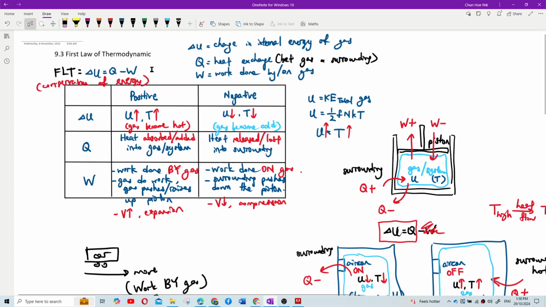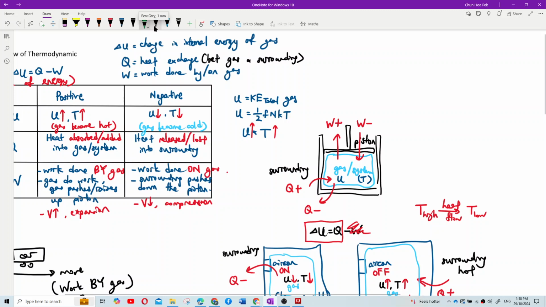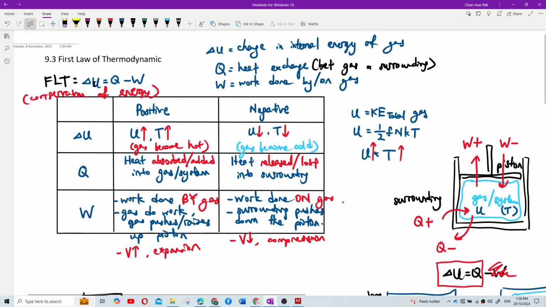Okay, so what is actually first law of thermodynamics? Very simple. First law of thermodynamics is delta U equal to Q minus W. Apa maksudnya? Ini maksudnya internal energy of gas can change due to two factors. Due to heat, sama ada heat masuk atau keluar, dia akan ubahkan internal energy, or is that the gas ada buat kerja tak?